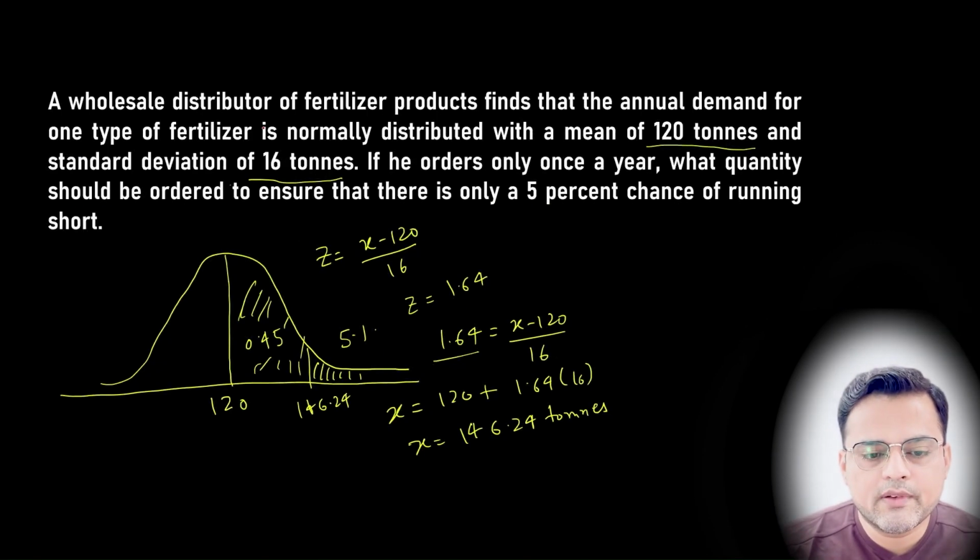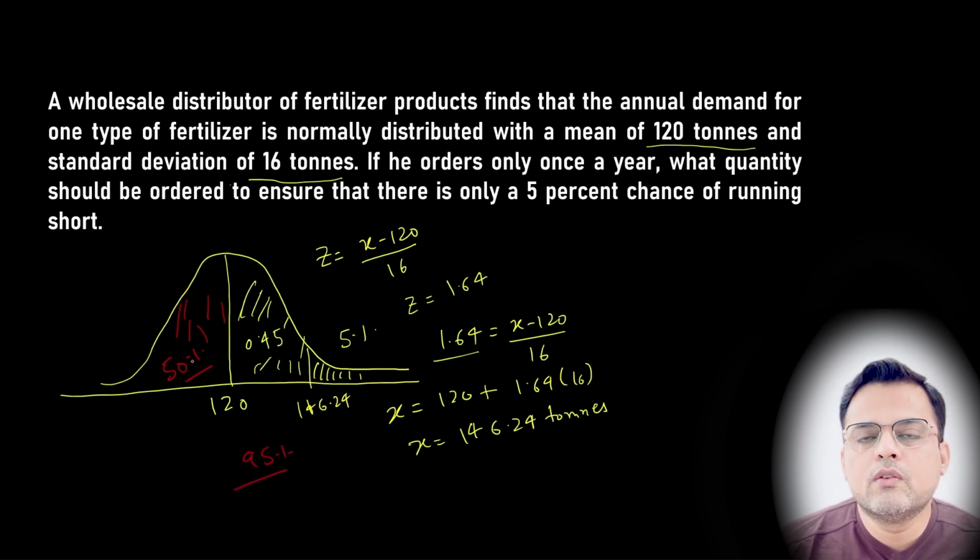Why is it showing 95%? Because this 50% is also added. So 50 plus 45 is 95% of the area. So we have to find that z value which covers the 95% of the area, because 5% is the chance of running short. So this is how you have to find the z value.